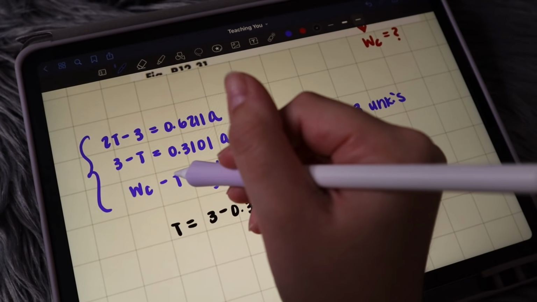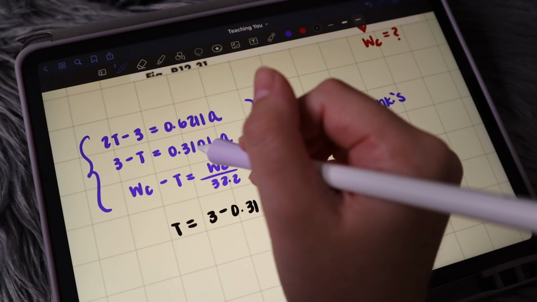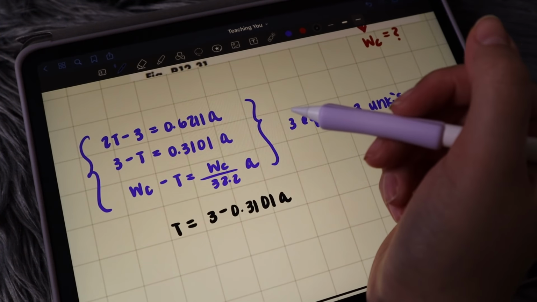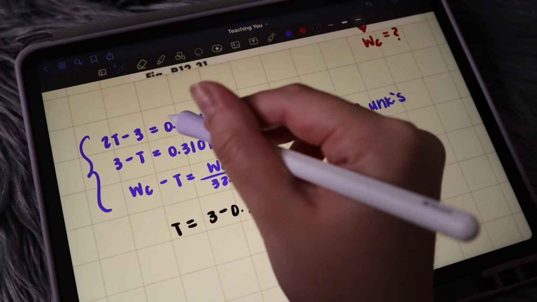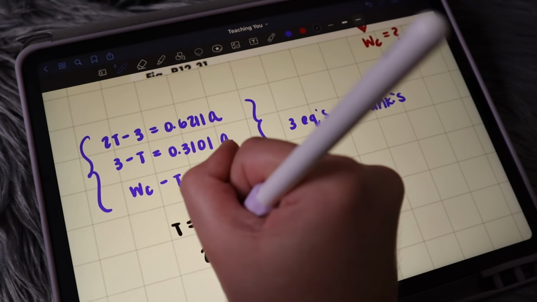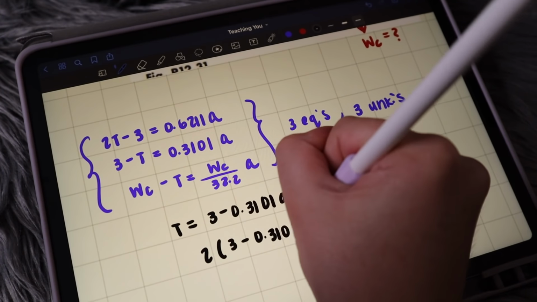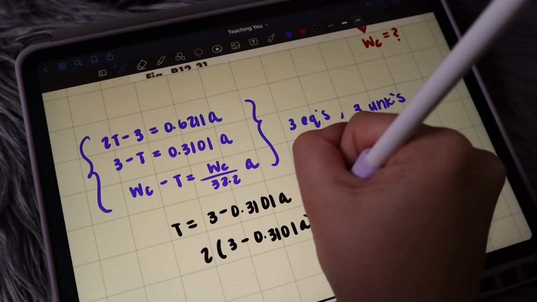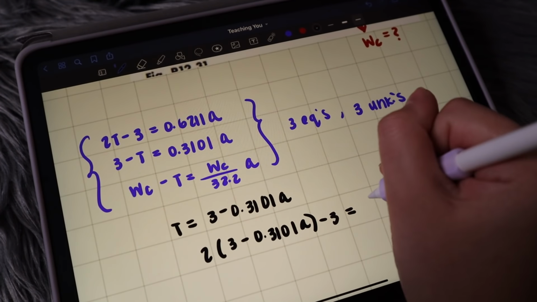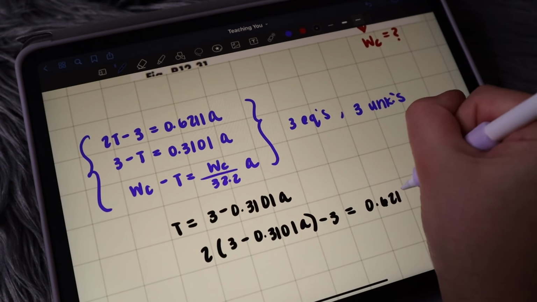And then we can go ahead and plug that in to, I guess, the first one. So we'll go ahead and do this. 3 minus 0.3101a minus 3 equals 0.6211a.